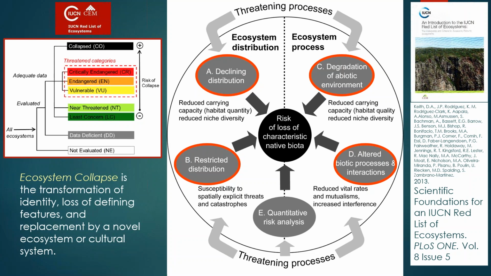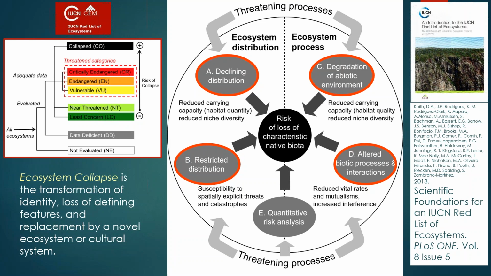Of course, we recognized early on that there's a fundamental difference between thinking about status for ecosystems relative to species. Species go extinct. The Red List of Threatened Species is about the risk of extinction for a given species. Ecosystems don't go extinct, they transform into other ecosystem types. So early on, we established that concept of ecosystem collapse.